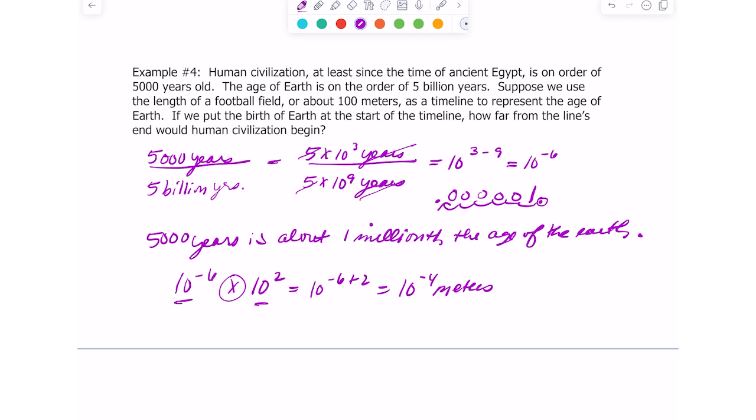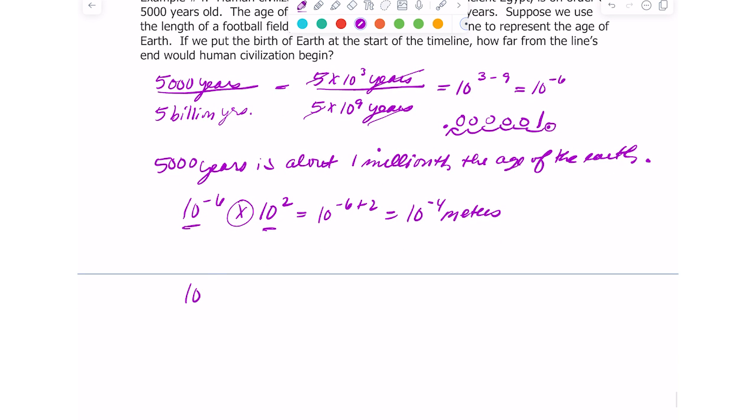So let's put it in terms of something we can think about. 10 to the negative fourth, let's change it to millimeters, right? So we can think about size there. Millimeters a lot smaller than a meter. So all I'm going to do is convert now. I've got 10 to the negative fourth meters, okay? And how many millimeters are in a meter?